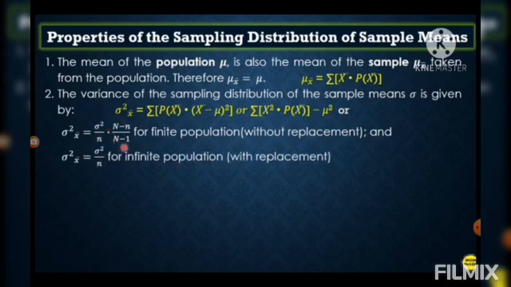And we have σ²_x̄ equal to σ²/n for an infinite population with replacement.